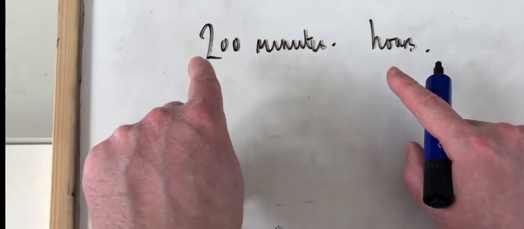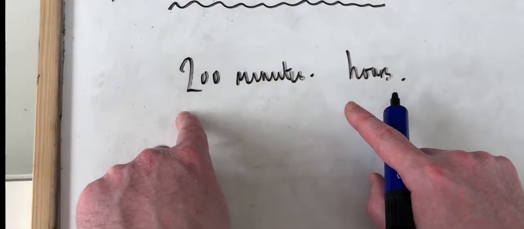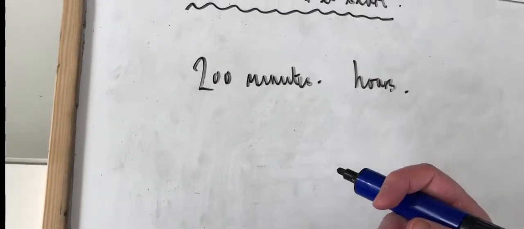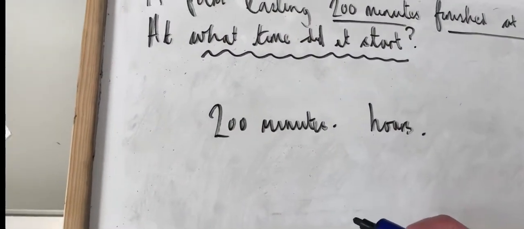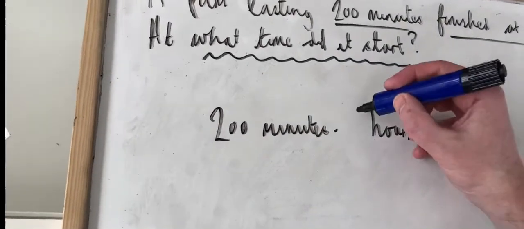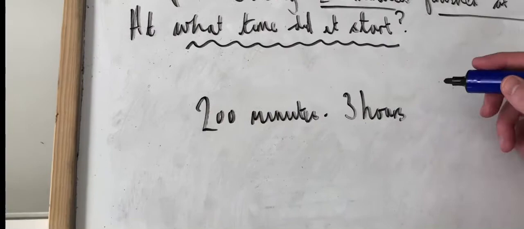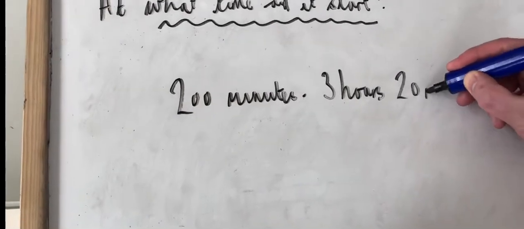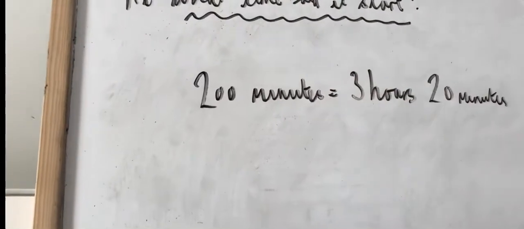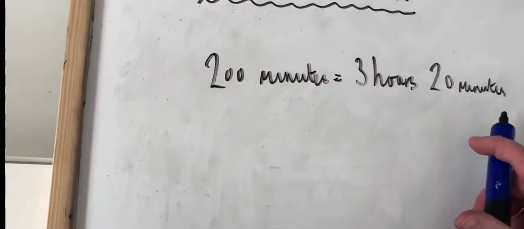How many 60s in 200? 3. And 3 times 60 is 180. So it's going to be 3 hours and what's left over? 20 minutes. So it's a huge film, a film that lasts 3 hours and 20 minutes.